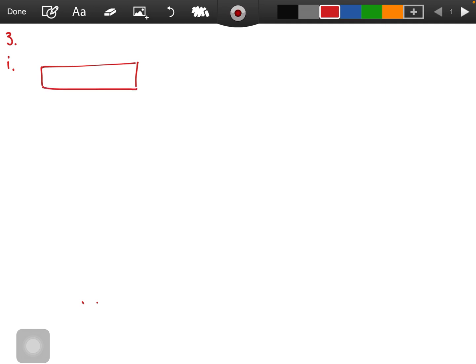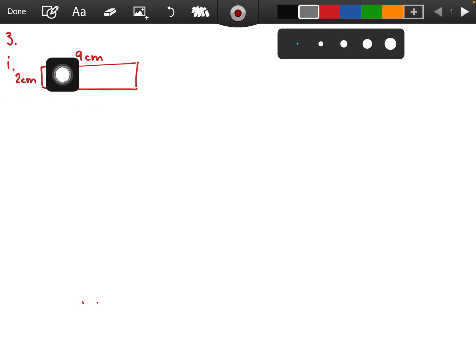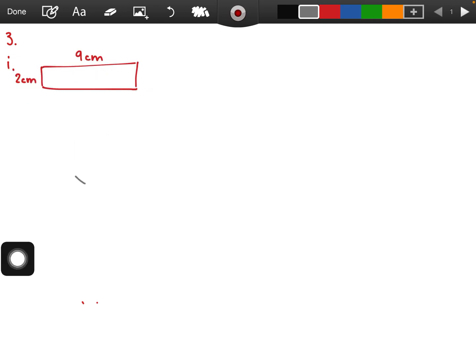So we're just flying through these. So question 3, part 1, I had a rectangle like this, and it said it has sides 2 centimeters and 9 centimeters. Okay, so we can tell then in rectangles opposite sides are the same lengths.